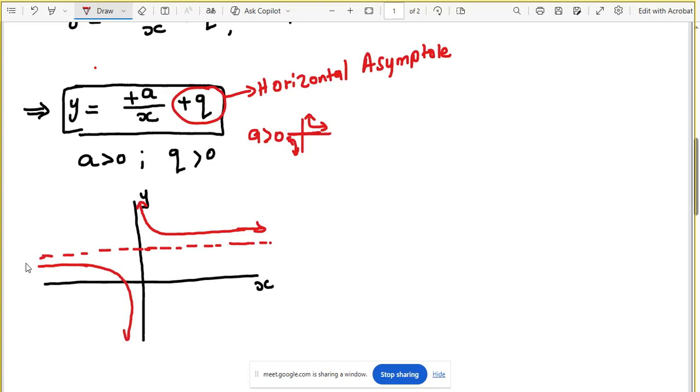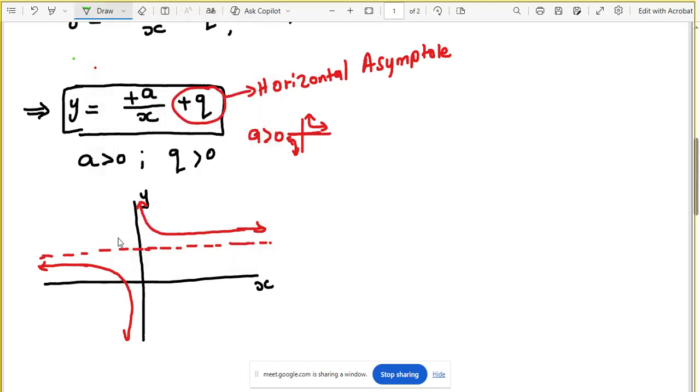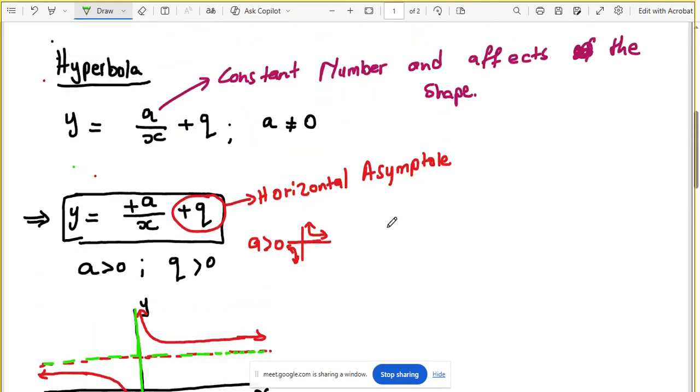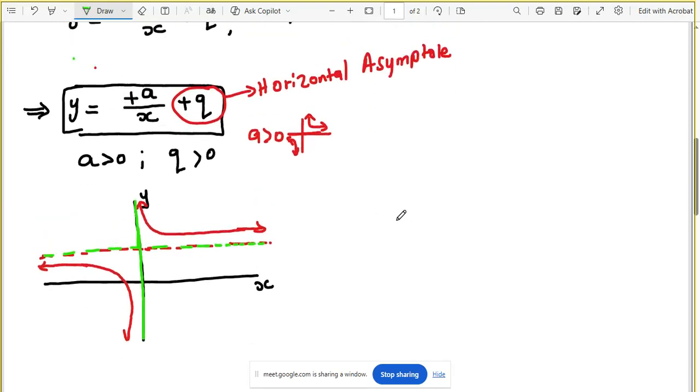I need you to understand something when it comes to this one, okay? Yes. If you look at this, we use this line and we use the asymptote. This is how your graph will look. You understand? Yes. Okay. I'll definitely send you these notes because it's very important that you understand this concept.